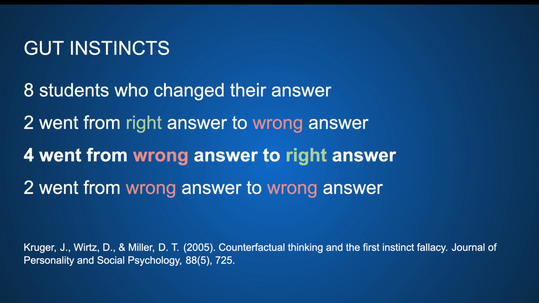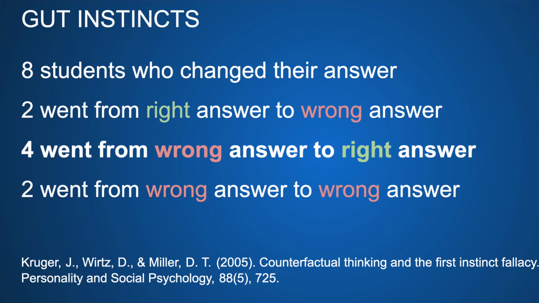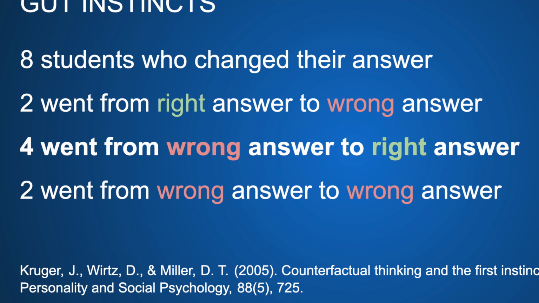But 4 of those students went from the wrong answer to the right answer. And 2 of them went from a wrong answer to another wrong answer. No harm, no foul. So as you can see, 4 of them, basically half the students, when they changed their answer, ended up getting the right answer. Only 2 of the students had a right answer and went to a wrong answer.